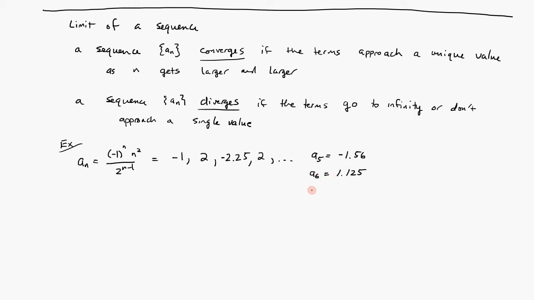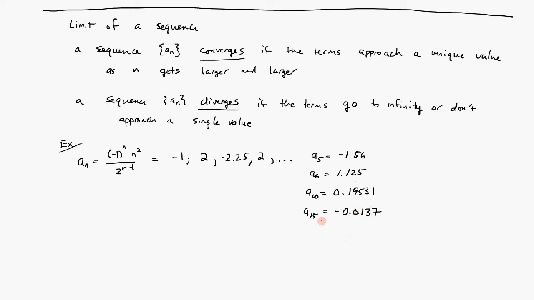Let's go even larger. a sub 10, calculate that, this is 0.19531. Then a sub 15 is equal to -0.0137. Again, the numbers are still alternating between negative and positive, but the values are getting smaller and smaller.